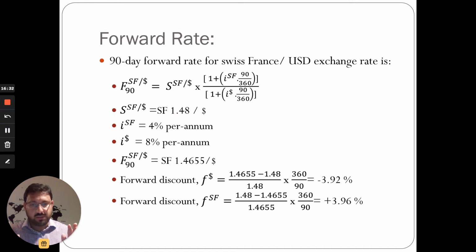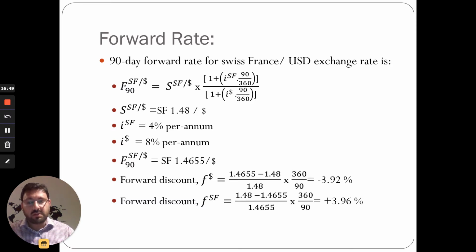In other words, to keep it simple, the forward rate is the predictor of the future spot rate, and in this case it's a 90 days forward rate, so it is predicting what would be the spot rate 90 days from here onwards.